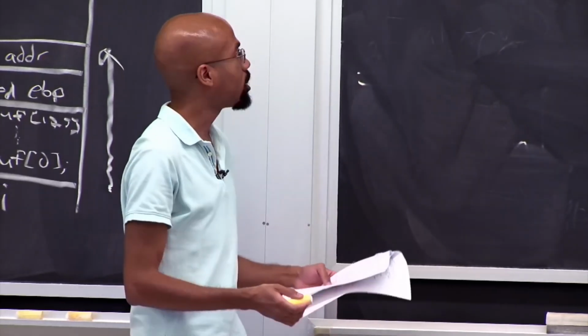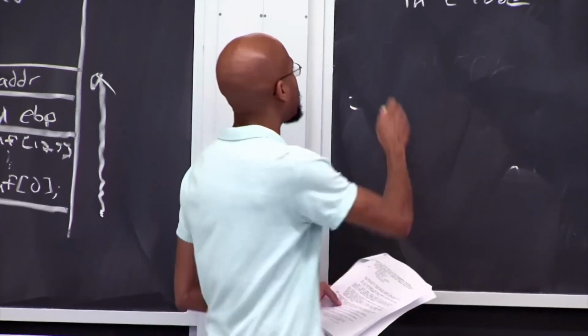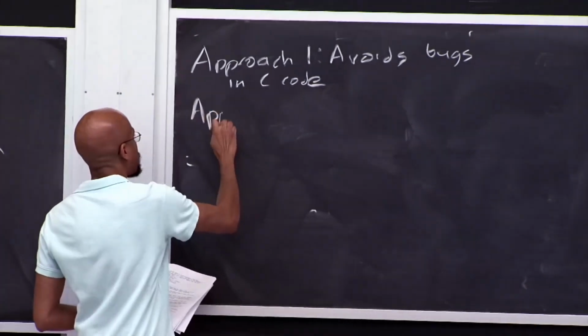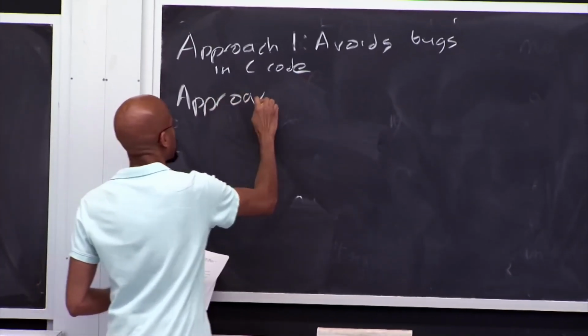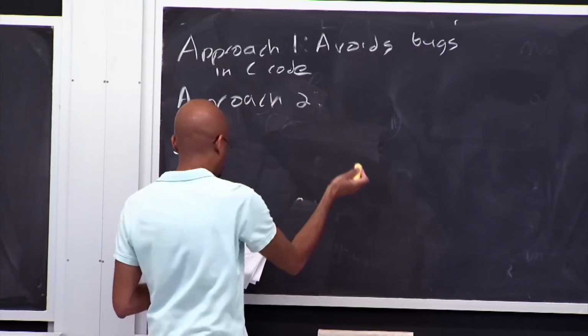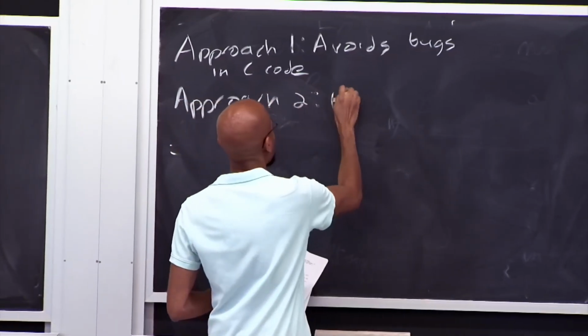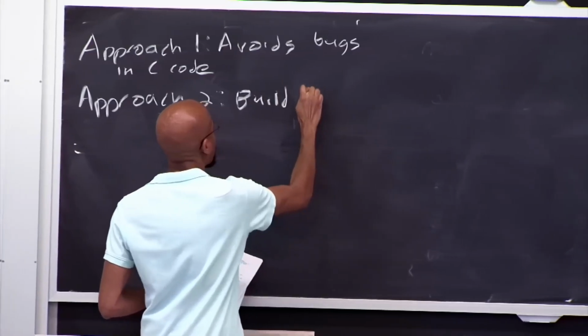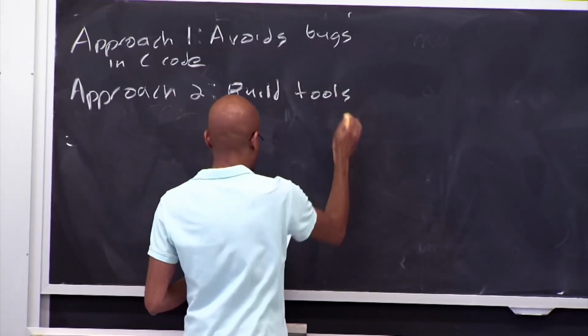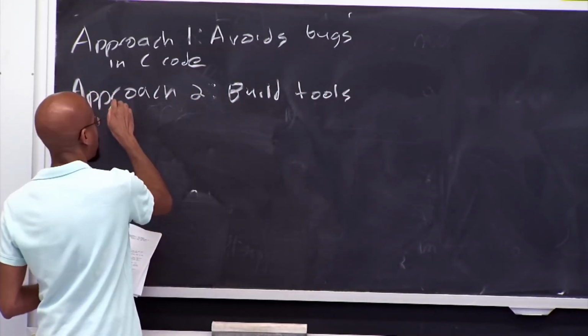So that's one approach, avoiding bugs in the first place. Another approach is to build tools that allow programmers to find bugs.